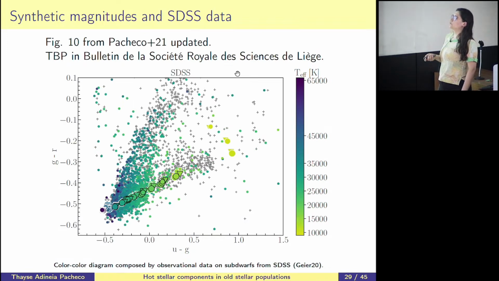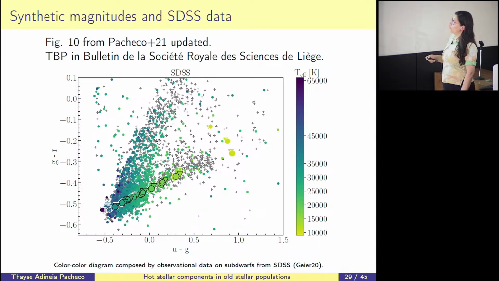We also compared our synthetic magnitudes with Sloan Digital Sky Survey data. Here I'm showing a color diagram composed of observational data on subdwarfs.